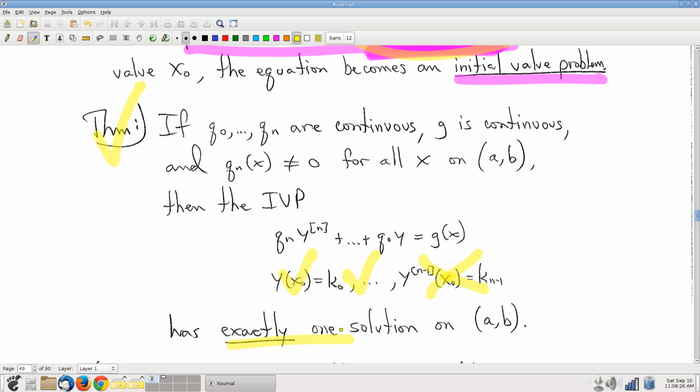In fact, you can see that you'll get many different solutions without too much trouble, because you could just make up a number to be this unprescribed value. This theorem says you'd get a solution. But you could also make up a different number to be that unprescribed value. This theorem says you'd get a solution for that as well. And so you can just construct, using this theorem as it is, multiple solutions if you incorrectly define what an initial value problem is.